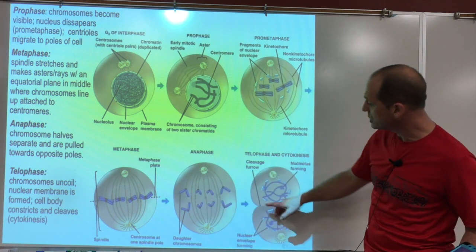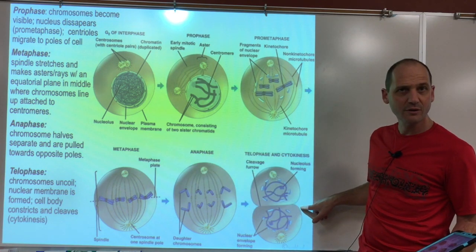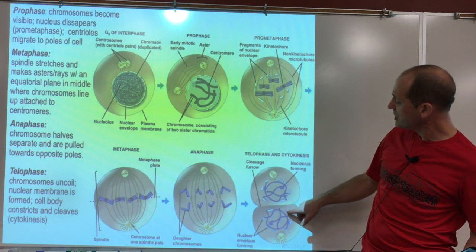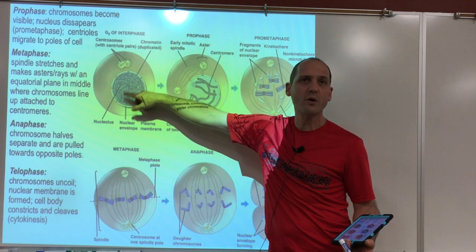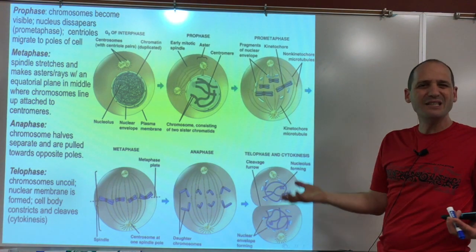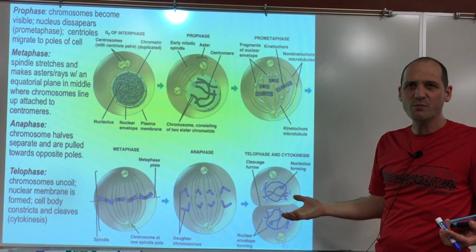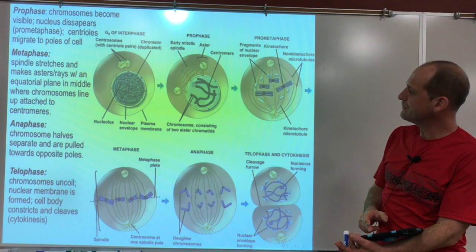And then they go to each side of the cell and then they split. And then the telophase is basically we make a nucleus again, and we uncoil them and recreate the situation. So it's basically the process of how we split these chromosomes apart. So you go through those a few times.